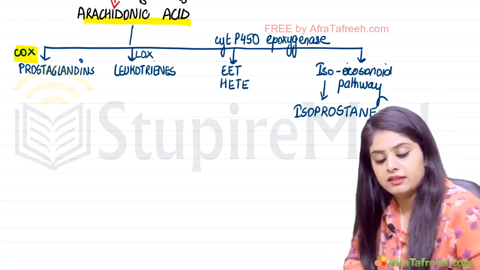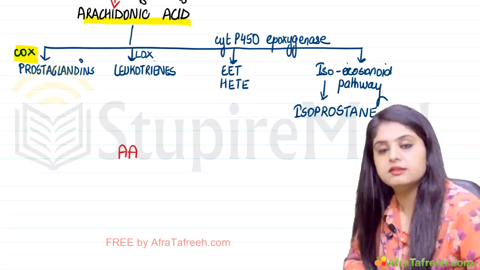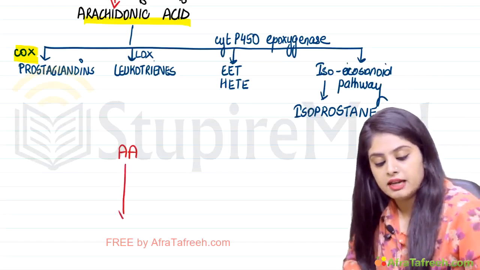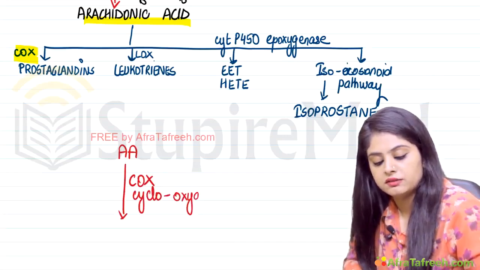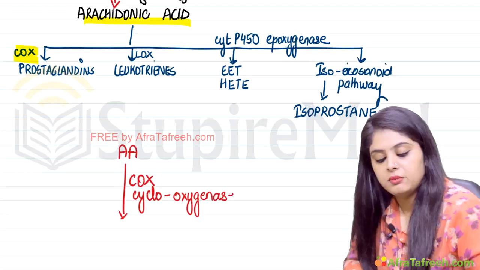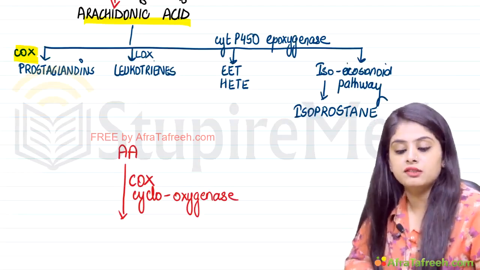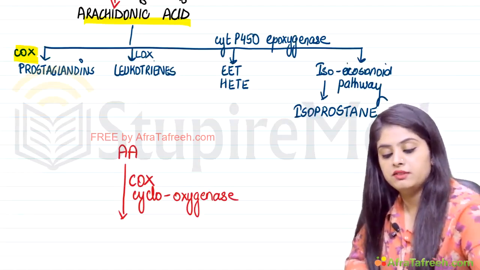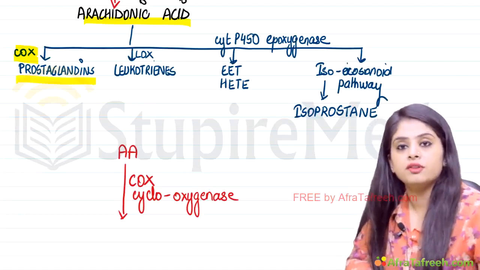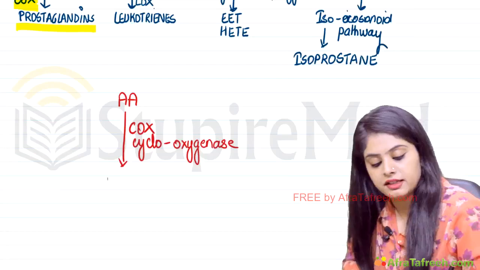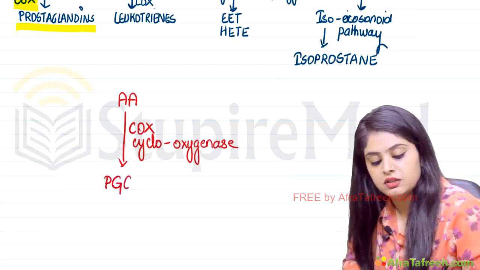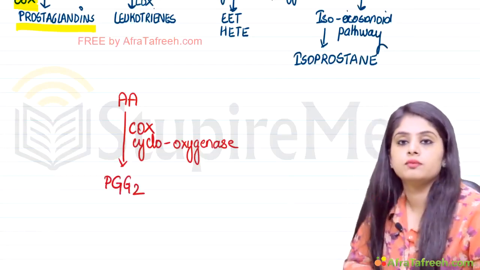So, let's take this as arachidonic acid, and it is being acted upon in the COX pathway, that is cyclooxygenase. When it is acted upon by the enzyme cyclooxygenase, what does it have to form? Please recall from this chart, prostaglandins. The first prostaglandin that is synthesized is PGG2.